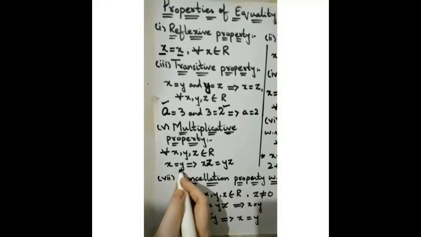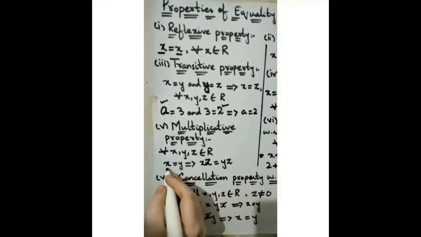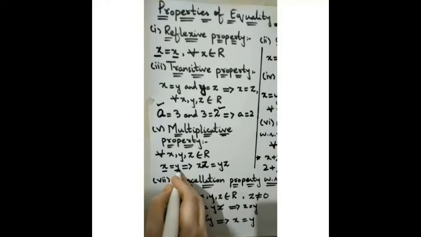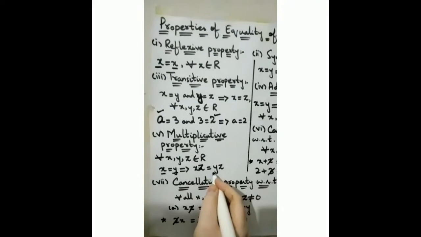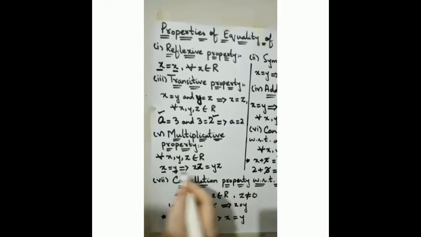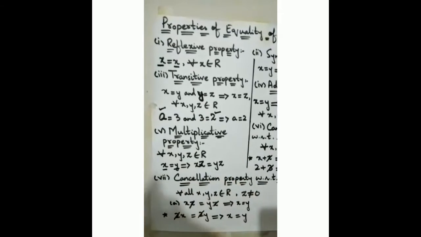Fifth property is the multiplicative property. For all x, y, z belonging to R, if x is equal to y, it means if I multiply a real number with these two terms, x multiplied by z and y multiplied by z, the answer will remain the same.